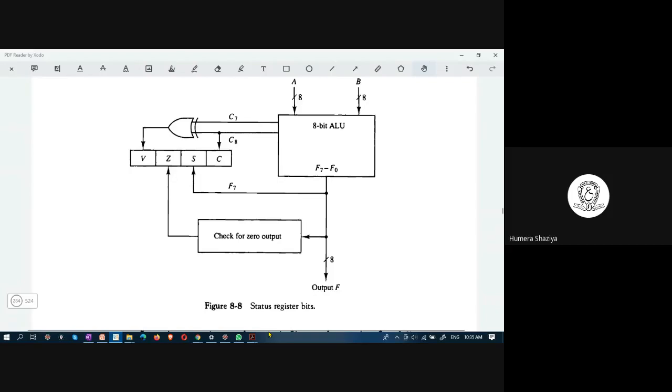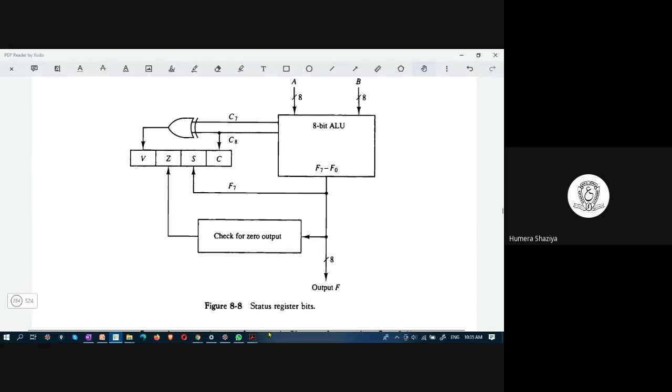A and B are two numbers, each 8 bits long. This is an 8 bit ALU, arithmetic and logic unit, and these bits CSZV, carry, sign, zero, overflow, would be set based on the result. If there is an eighth bit coming out, it would be carry.